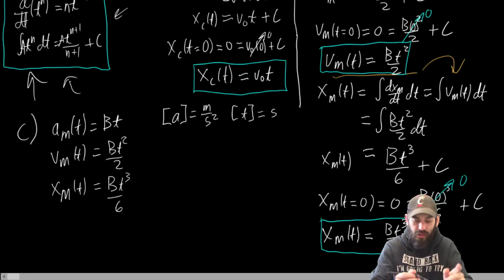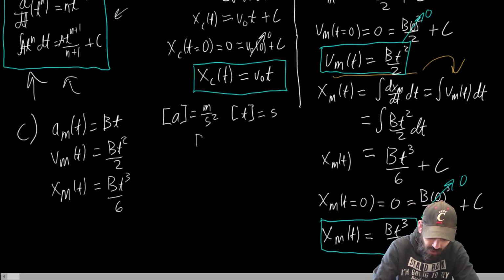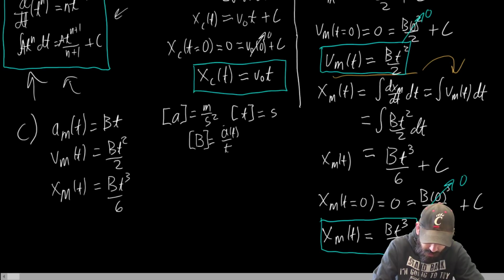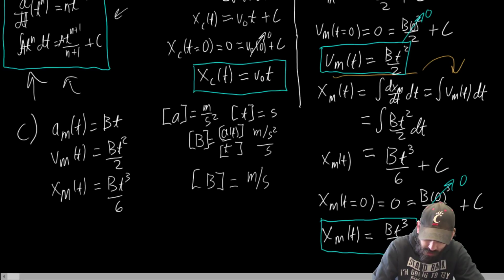So we could algebraically rearrange this so we could see that B is going to be equal to A of T divided by T. And so if I want to find the units of this, they are just the ratio of the units of these guys, and so this is going to be meters per second squared divided by seconds, and so that tells us that the units of B are going to be equal to meters per second cubed.